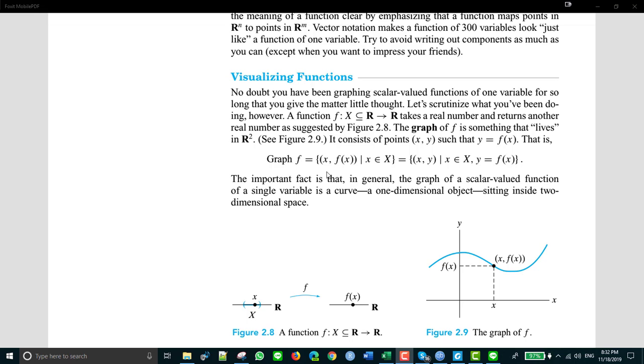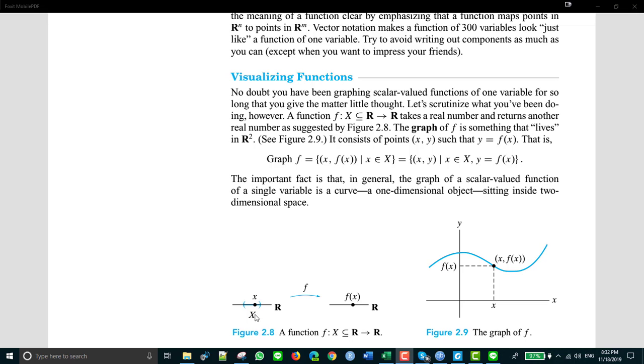The important fact is that in general, the graph of a scalar valued function of a single variable is a curve, a one-dimensional object. So it is actually one-dimensional, sitting inside two-dimensional space. Okay, so we're gonna amplify that a little bit later.